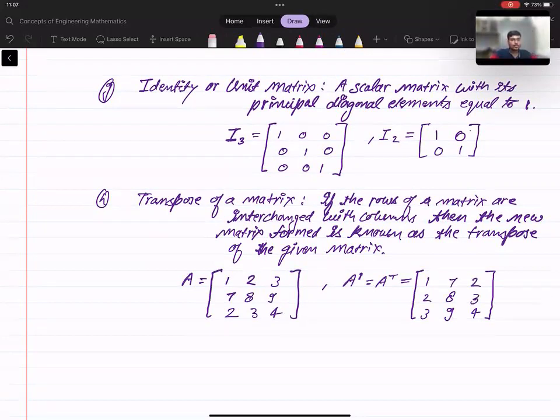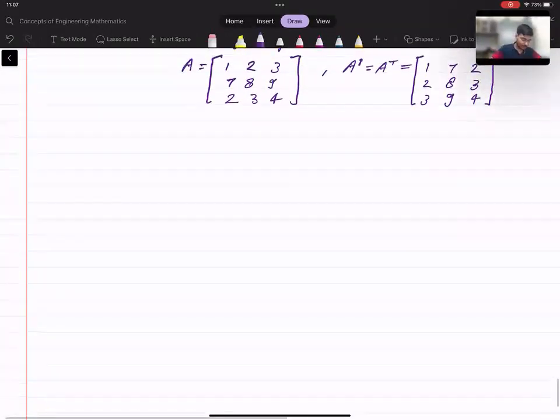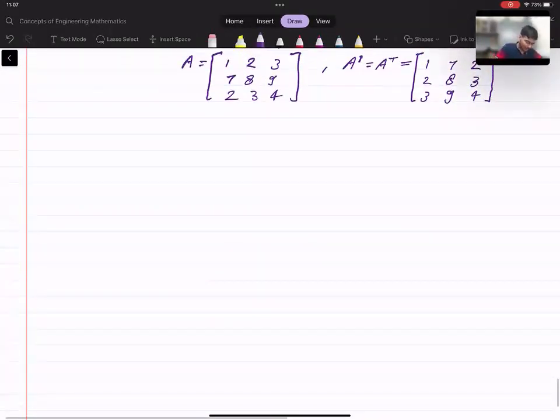With this concept we can now understand what we mean by symmetric and skew symmetric matrices. Next is a symmetric matrix.